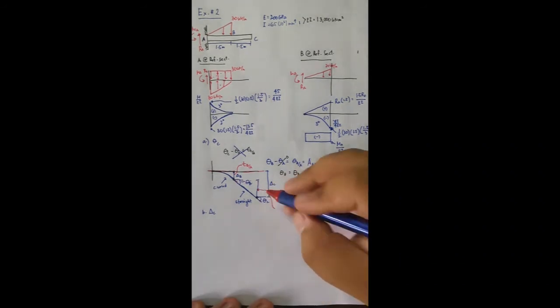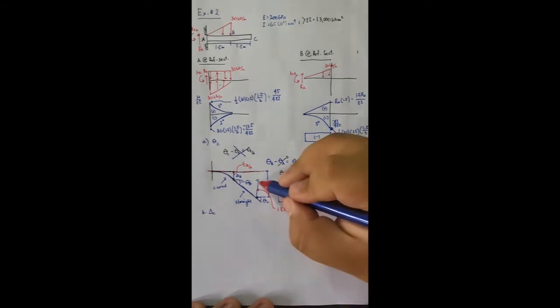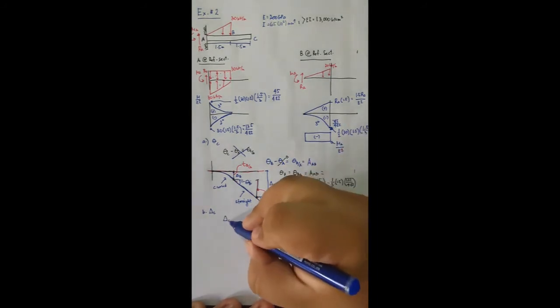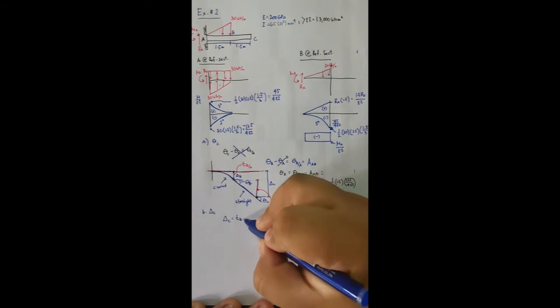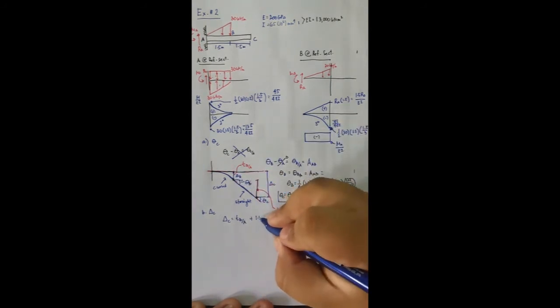As we said, tangent of theta for very small angles is just equal to theta. So therefore, this distance is 1.5 times theta B. Such that our equation relating delta C is TB with respect to A, ito po yun, plus 1.5 theta B.